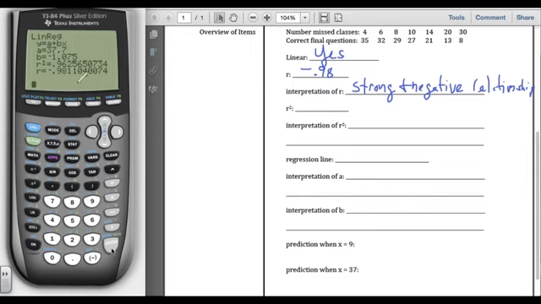My R squared, something we just discussed up at the top, is 0.96, that is 96%.